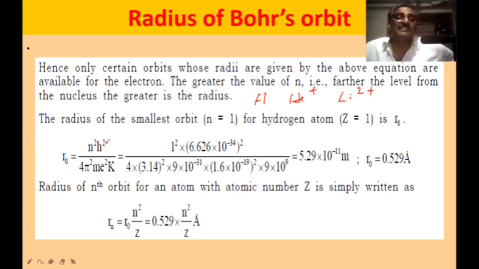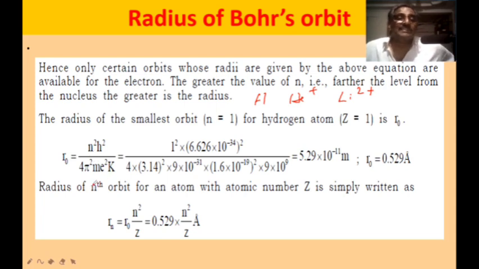So R0 is equal to n square h square by 4 pi square m e square into k. For hydrogen atom, Z is equal to 1. We can remove n also for the first orbit as n square is equal to 1.